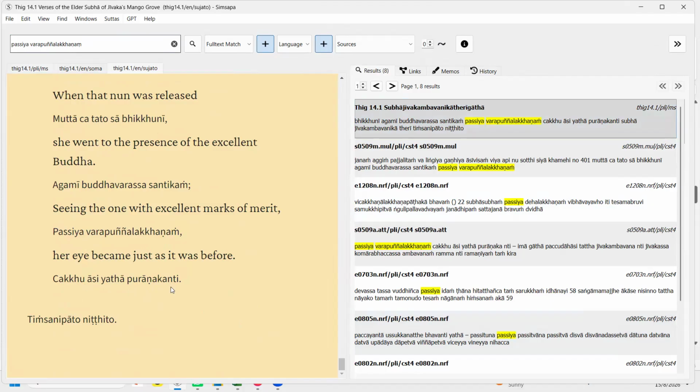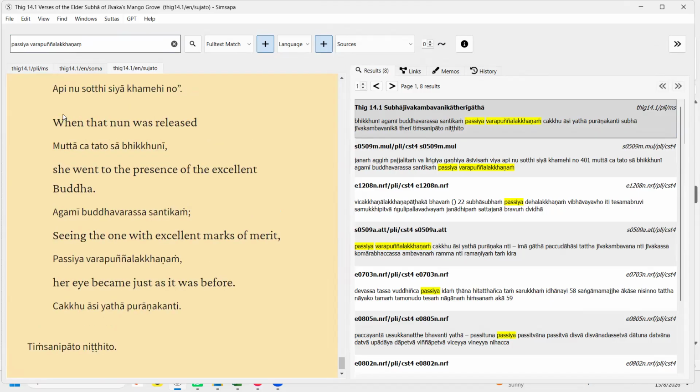Purana Kanti, this is in iti. Just now we never saw the iti. That's why we see only Purana Kam, because this is iti. So the Nigaita changes to this. To read this line, you should read from here lah.